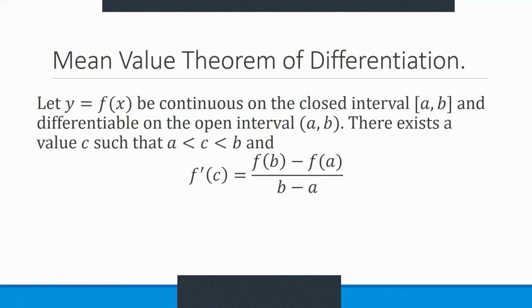So the mean value theorem of differentiation allows us to know that if I have a certain average rate of change and a nice function, then the derivative of the function at a certain value in the interval will equal the average rate of change over the entire interval.